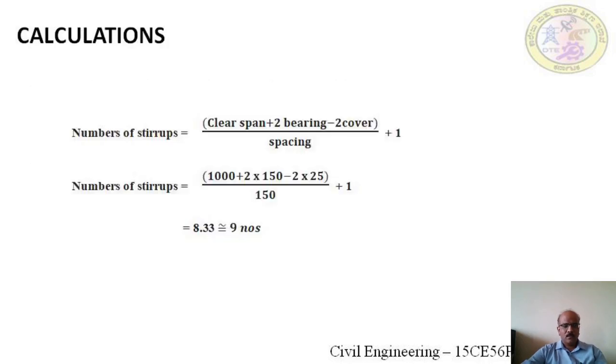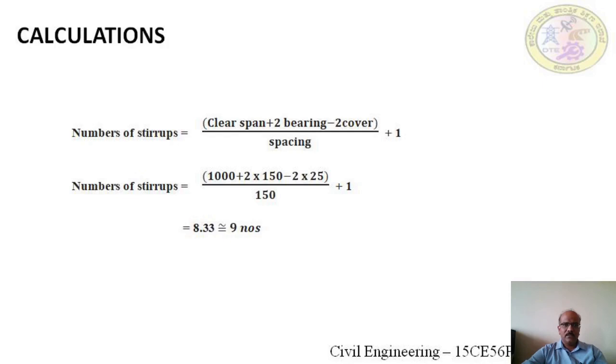Okay. When you calculate the length of the stirrup, we need to calculate the number of stirrups also. The formula for calculating the number of stirrups is the clear span plus 2 bearings, means end to end distance.